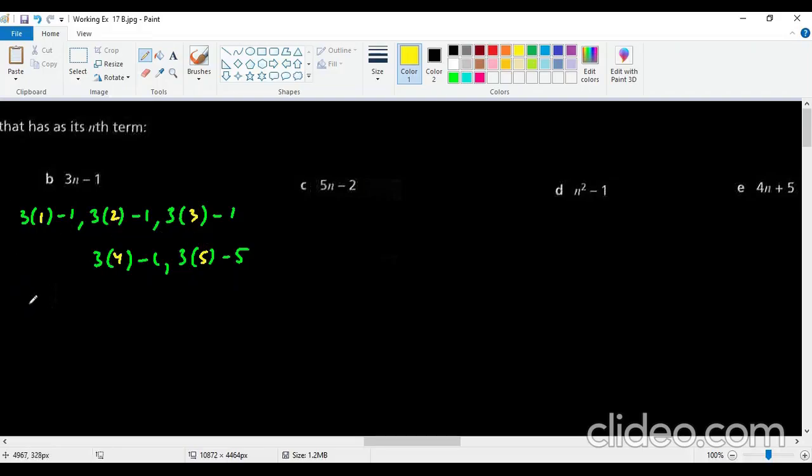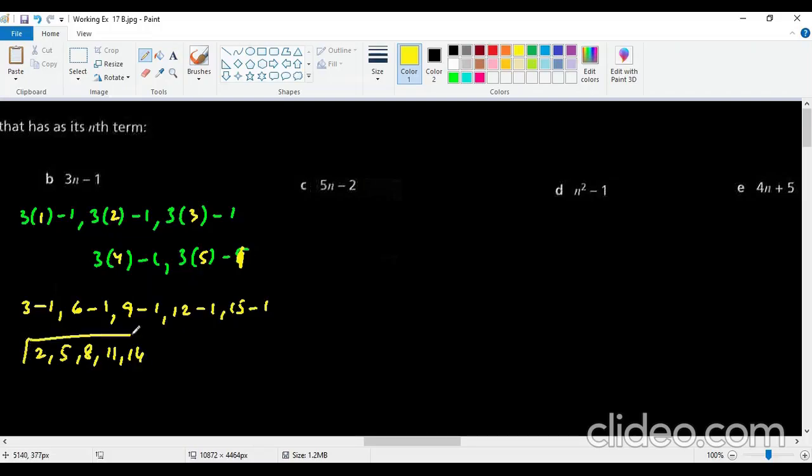So the first sequence is going to be 3 minus 1, 6 minus 1, 9 minus 1, 12 minus 1, and 15 minus 1. Now this is going to give us 2, 5, 8, 11, and 14. This is the sequence we should be working on.